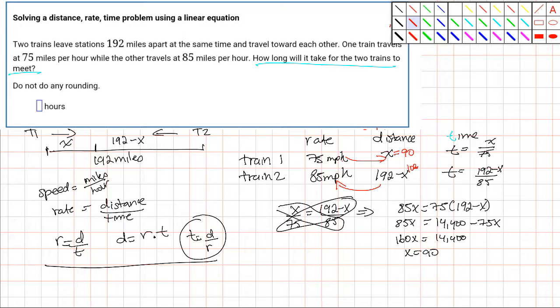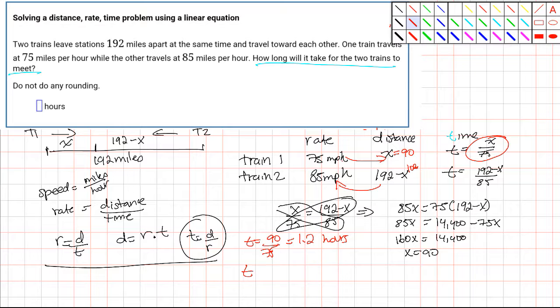Now, we're not really looking for the distance, right? We're looking for the time. Now we have enough information to plug it into the time. You'll notice that we can choose either equation. Both of them should give us the exact same answer. So we can say that time equals 90 over 75, and as a decimal that is 1.2 hours.